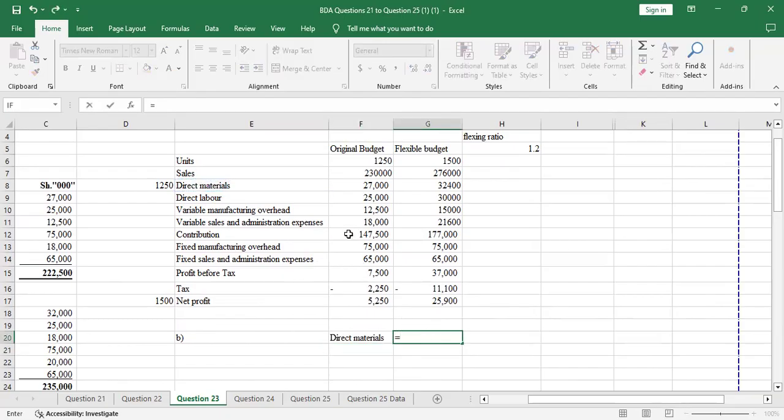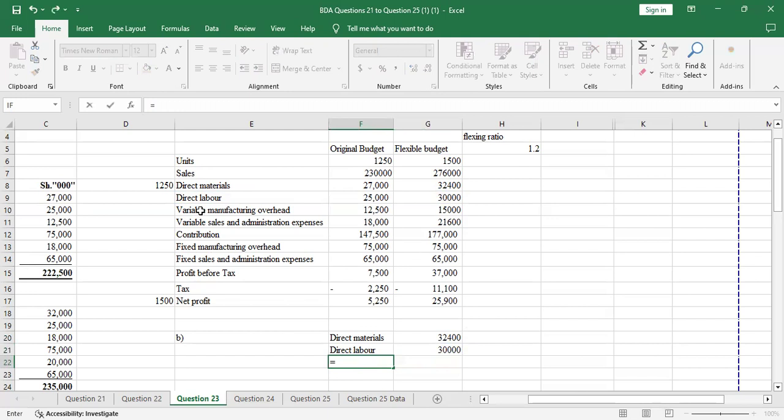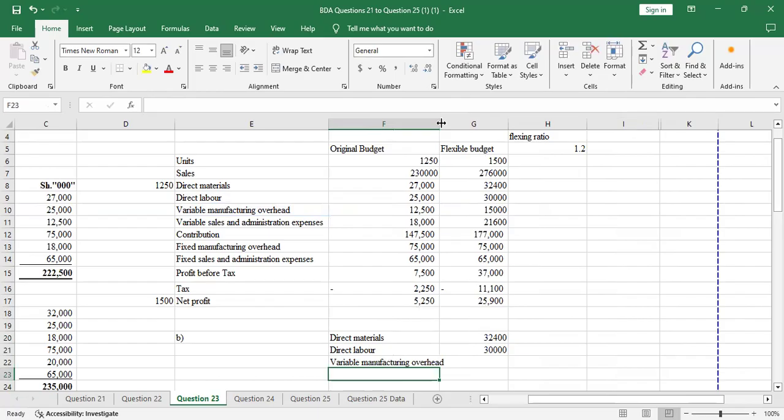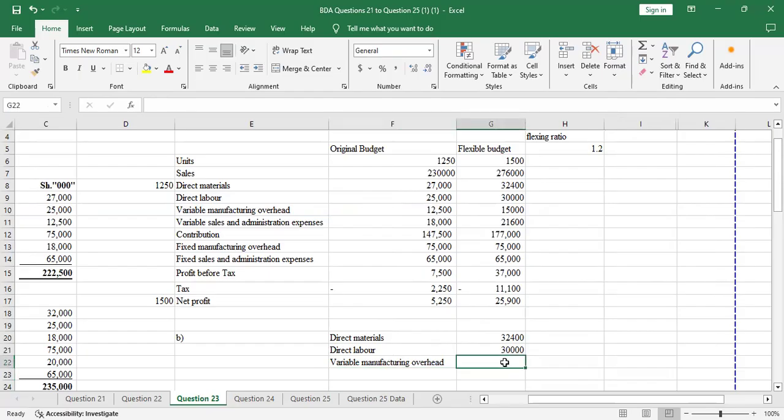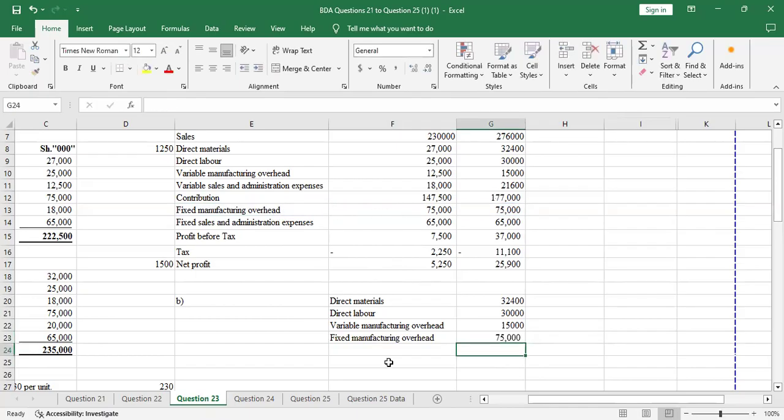You just come and say equals to the value that we have here, 32,400. Then direct labor, value that we have is 30,000. Then variable manufacturing overhead, allow me to extend that. Variable manufacturing overhead, we have 15,000. Then fixed manufacturing overhead, it was how much? 75,000.